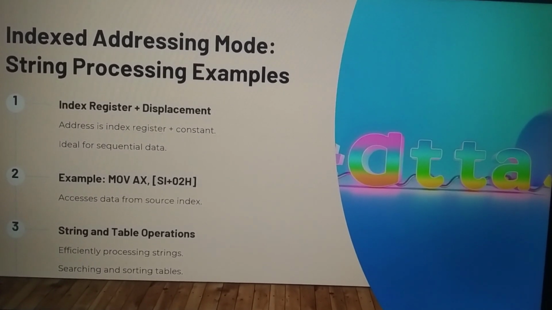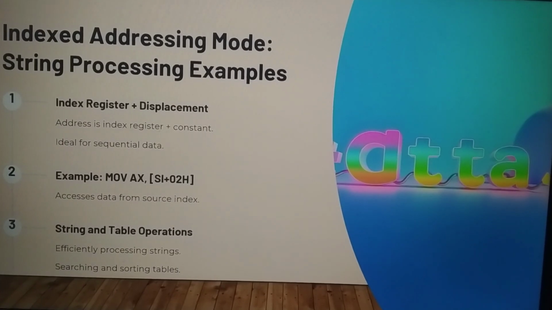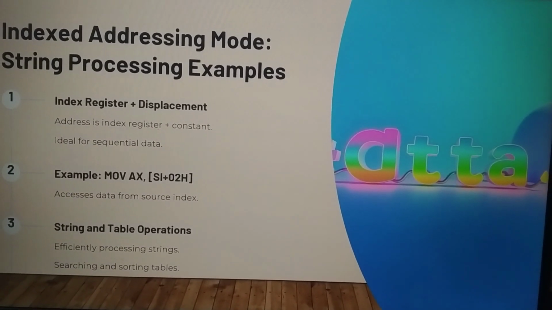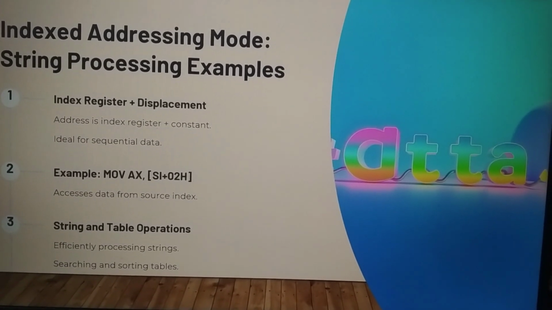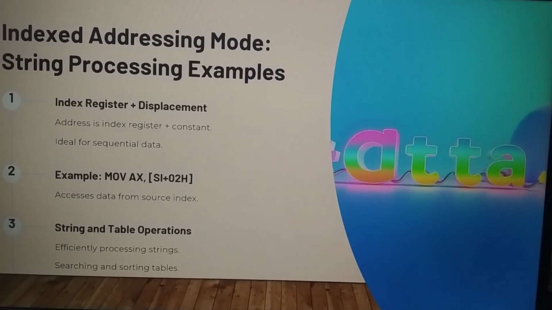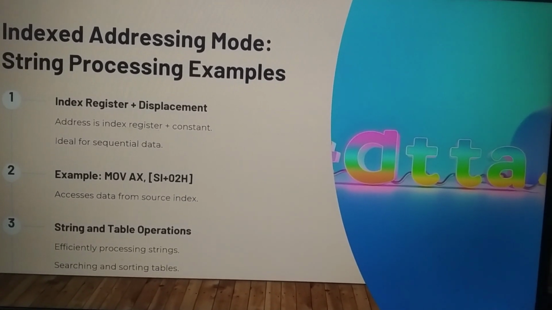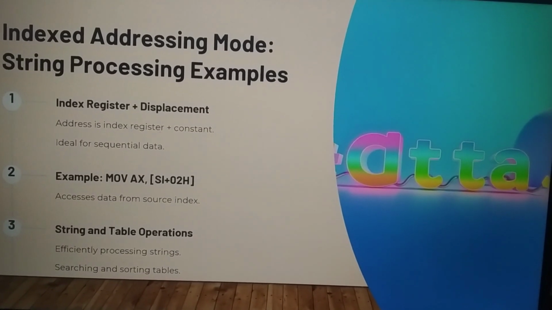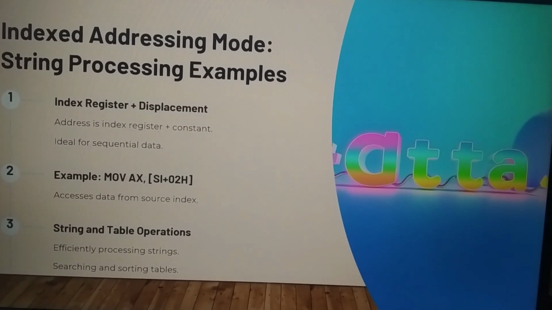The index register can be incremented or decremented inside a loop, making data processing fast and structured. This combination of flexible addressing and loop control makes indexed addressing mode a strong and essential tool for array-based algorithms and high-speed memory operations.